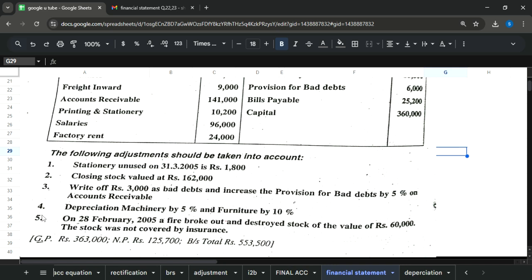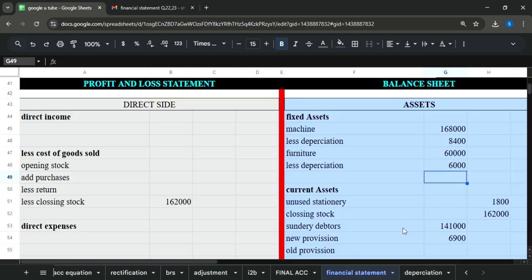Now the fifth adjustment. Look at here. On 28th February, that means within our accounting year, fire broke out and destroyed stock of 60,000. It means stock has been lost. And you do know the entry, loss by fire to purchase. It means purchase would be decreased.